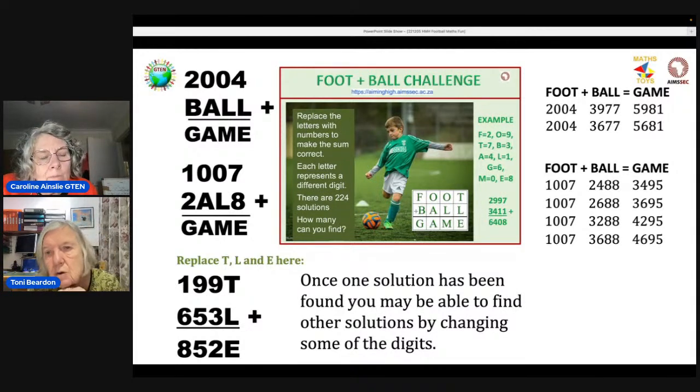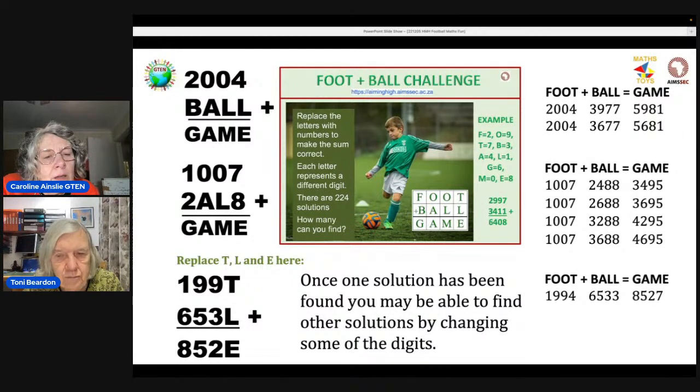Right. And so, when you find any one of the solutions listed on the right-hand side there, the 1007 plus something, you see that there are 4 solutions that are all very much the same. So you can quickly get more solutions this way, as soon as you find one.